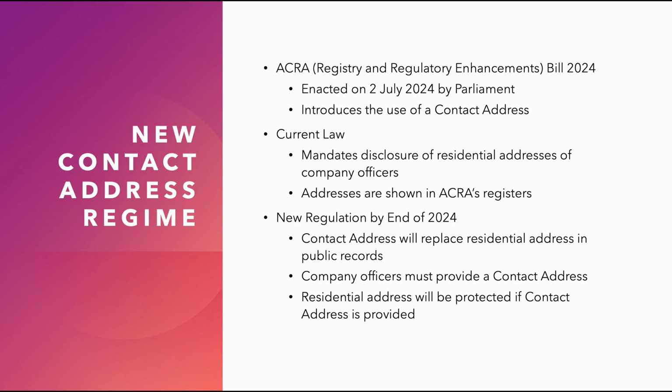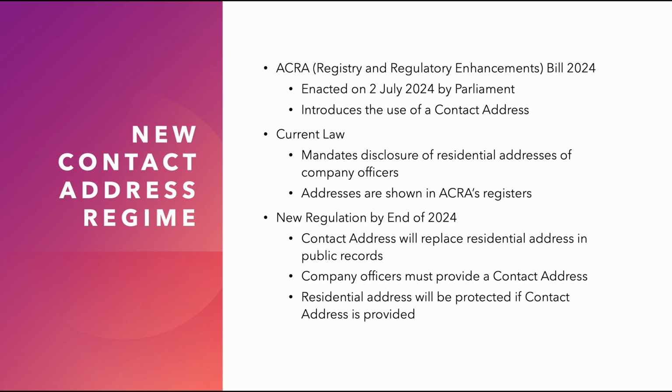Okay, so once you provide a contact address, or an alternate address, this address will be shown in the registry. That means if you do a search on this company, they will show this contact address. The residential address will be protected. That means they will not be able to see your residential address, only your contact address. And this is the same as the current regime.